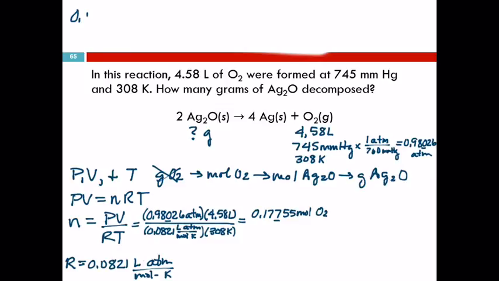So 0.17755 moles of oxygen. And then I want to go to moles of Ag2O and then to grams of Ag2O.